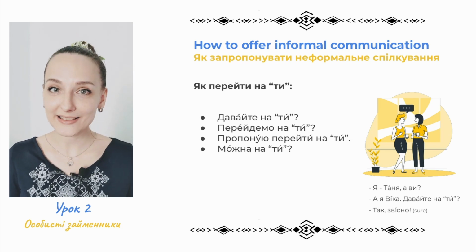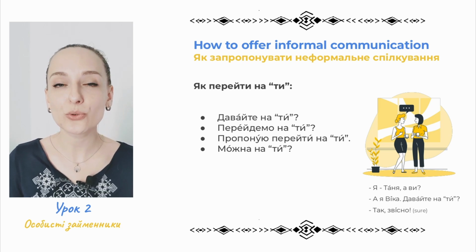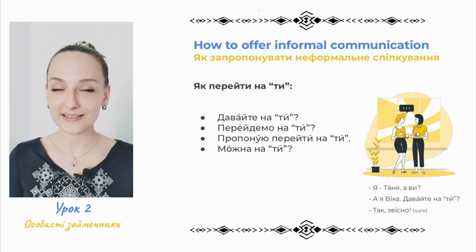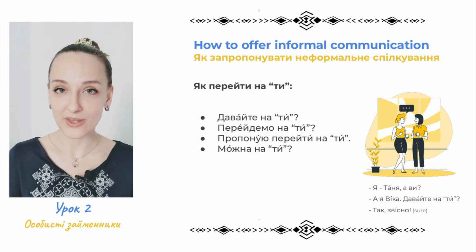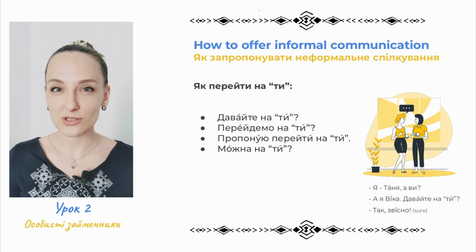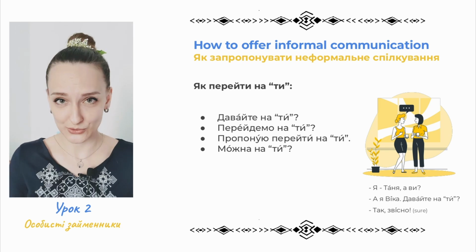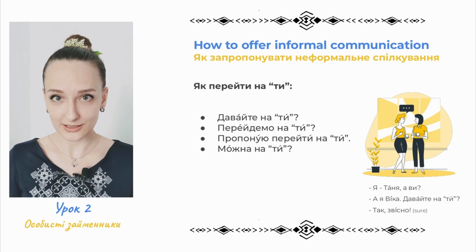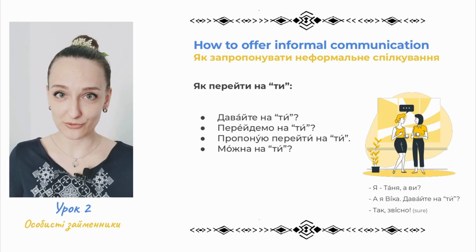Like, let's go to ти. Пропоную перейти на ти. I'm offering you to switch to ти. And the last one, the most informal: Можна на ти. Like, may I say ти to you? And of course you can agree or disagree.